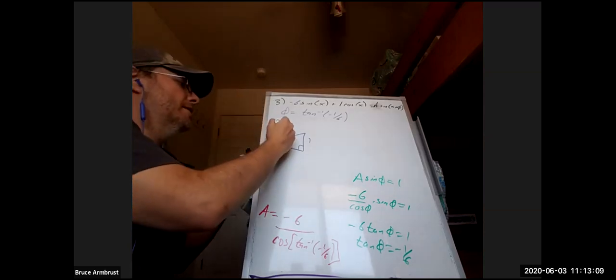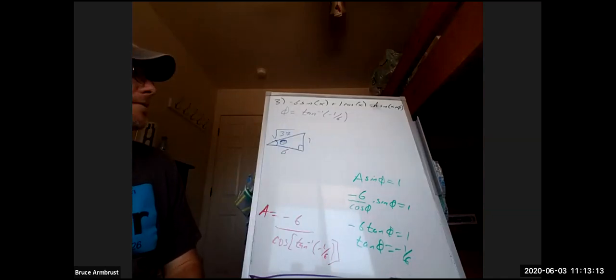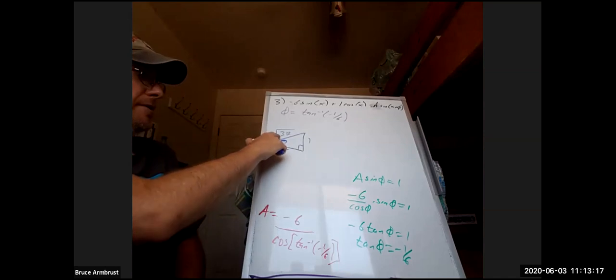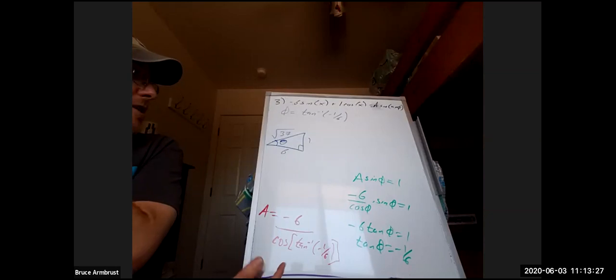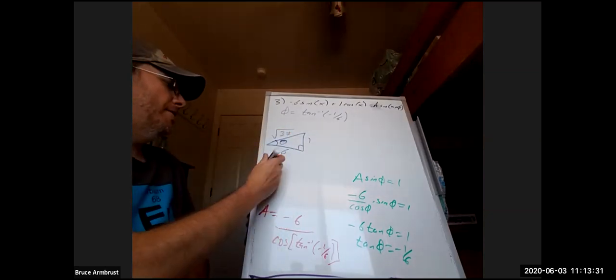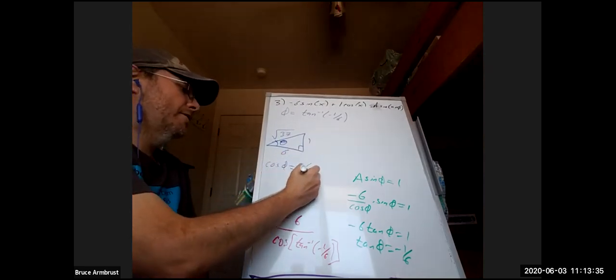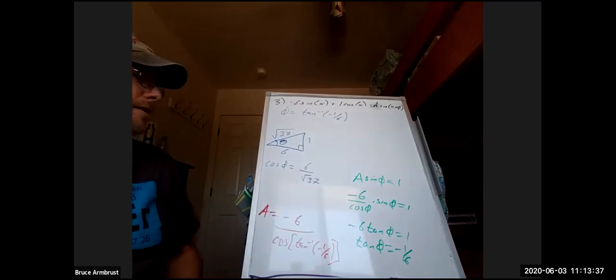So the third one is going to be the square root of 37. Right? 1 squared plus 6 squared equals this guy squared. So since 1 squared plus 6 squared is 37, we get here. And we're looking for the cosine of that. Well, cosine is adjacent over hypotenuse. So the cosine of phi is going to be 6 over root 37.